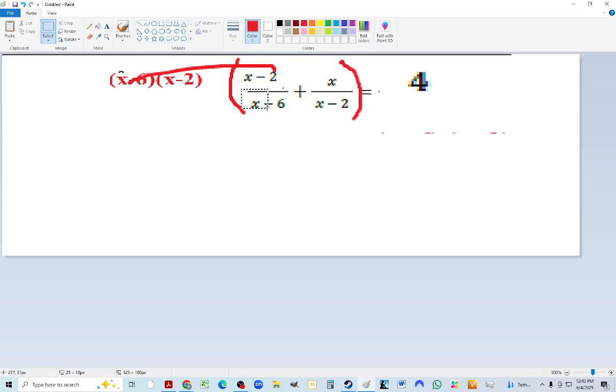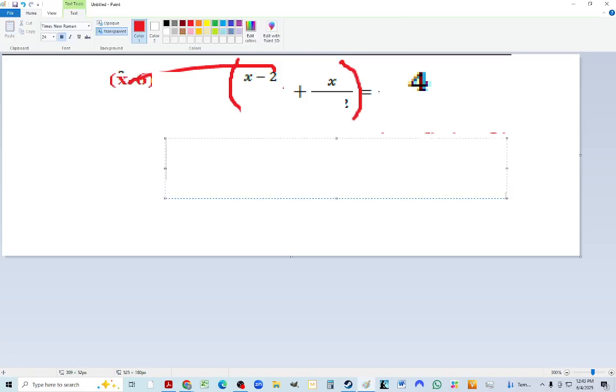And this will be canceled out with this. The other one, the x minus 2 is going to cancel out, and I'm going to have this x minus 6 times this x.